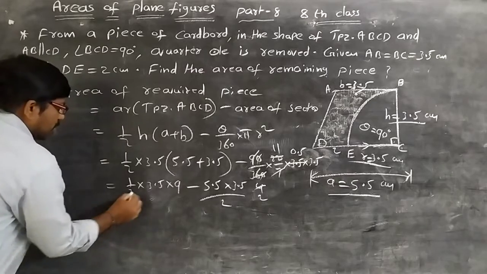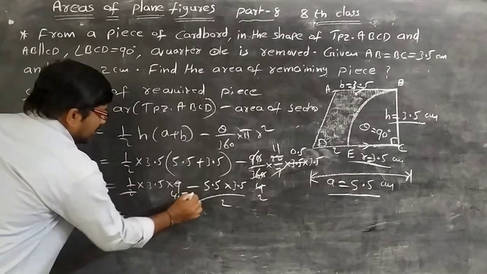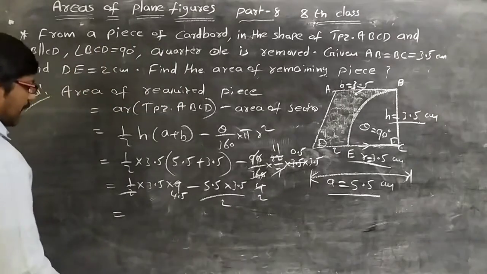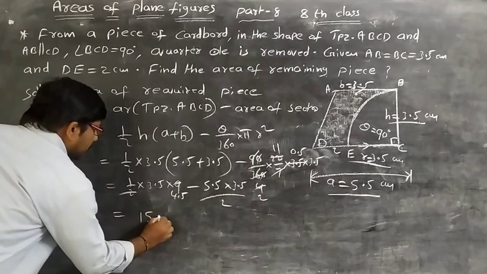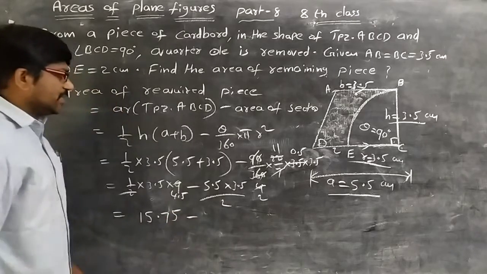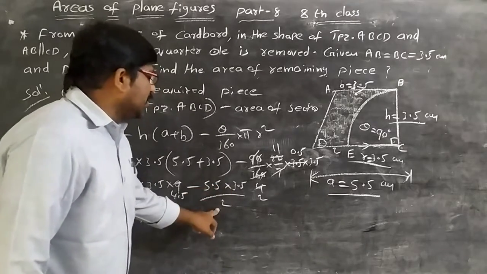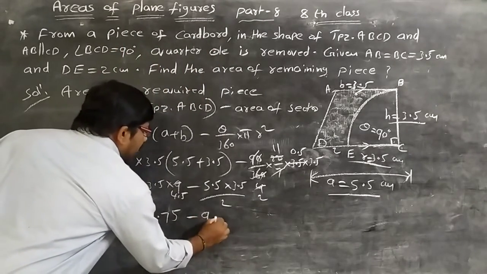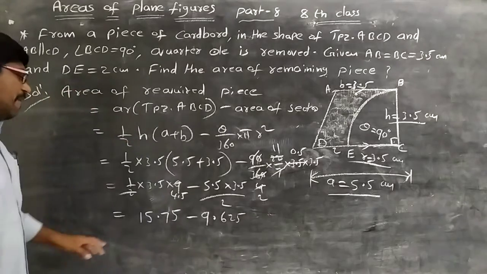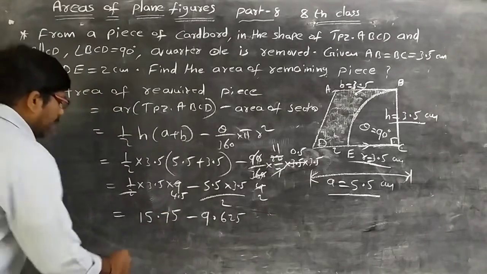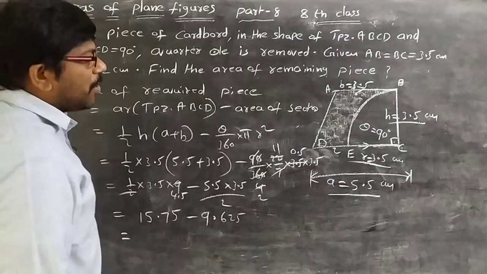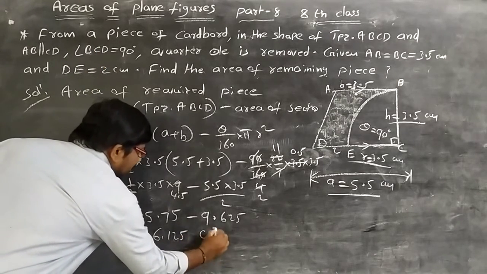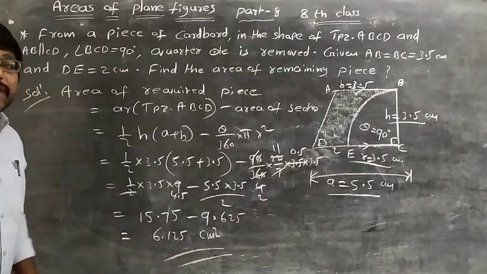That is equal to 2 ones to 4.5. 3.5 into 4.5 value is 15.75, minus, multiplying and dividing by 2, we get 9.625. So after subtracting this from this, we get 6.125 centimeter square. This is the required area.